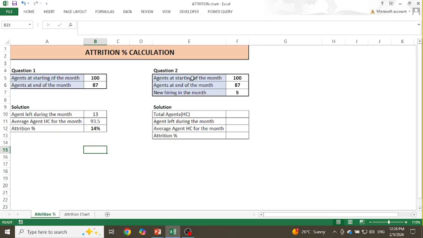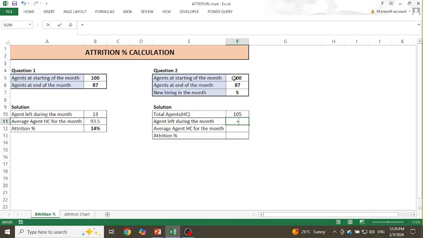This is question number 2. Agents at the starting of the month 100, agents at the end of the month 87, and new hiring in the month 5. So first, we will see how many agents we currently have. 100 plus 5, 105. Agents left during the month.